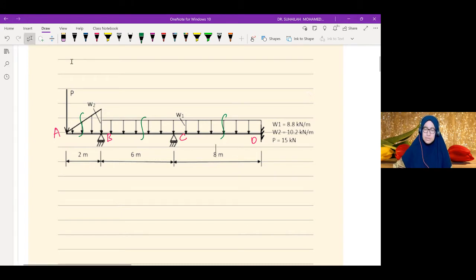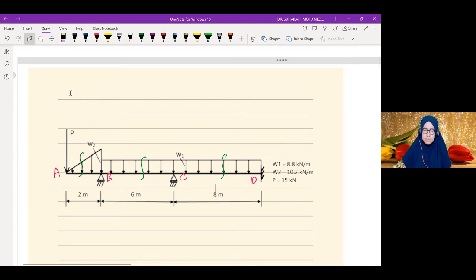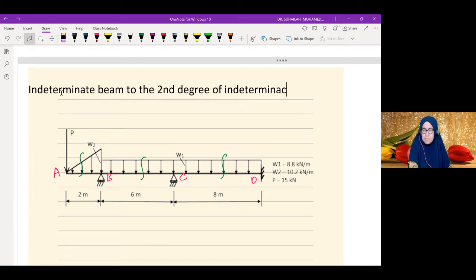So this is an indeterminate beam to the second degree of indeterminacy. We have DOI equal to 5 minus 3 equal to 2.